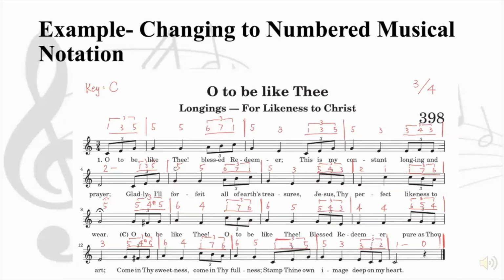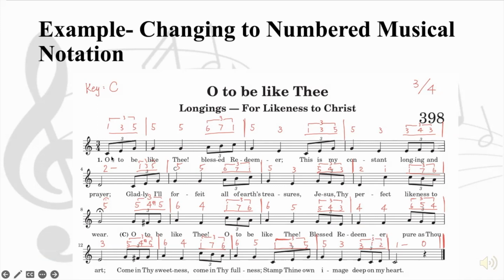Okay. So if you want to write it properly, it will be like this. We have the key here. What is this? C. You can write key C or C major. We can see we don't have a key signature here, so we can write key C. And here the time signature is 3/4, so we will write 3/4.